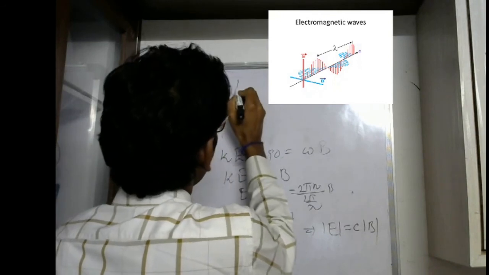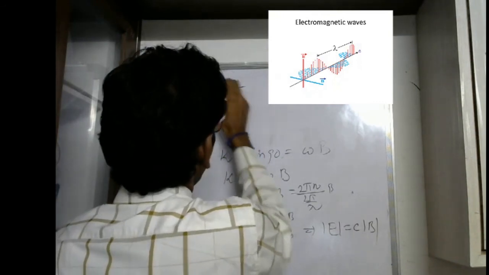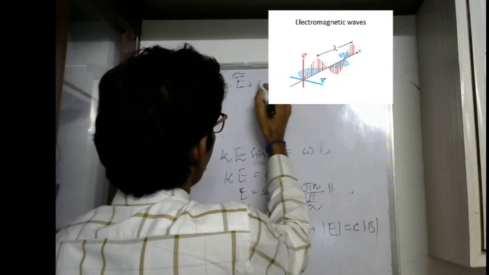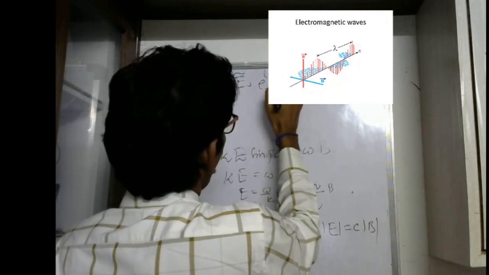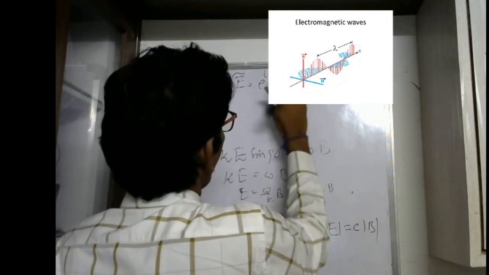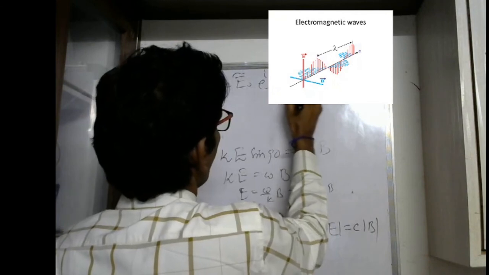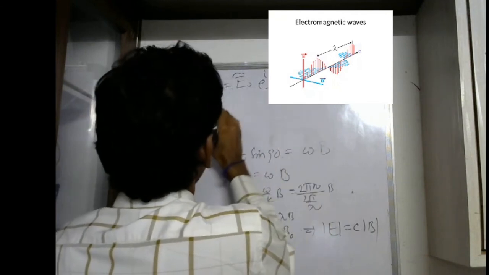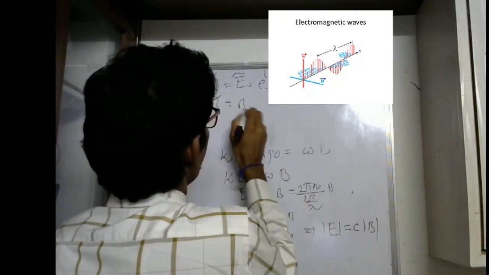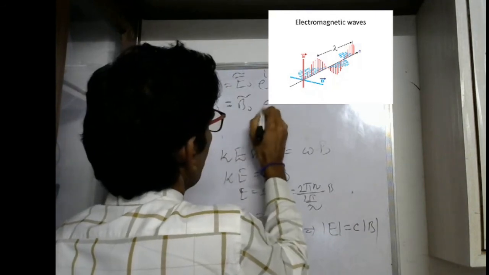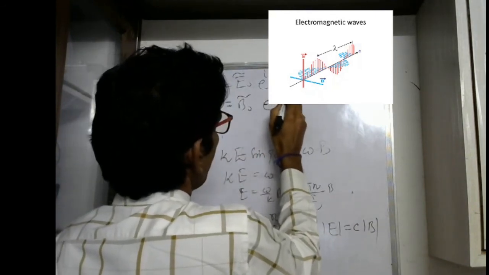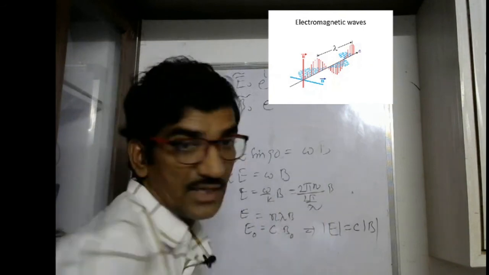E is equal to E naught tilde e to the power of I (k dot r minus omega t). B is equal to B naught tilde e to the power of I (k dot r minus omega t).